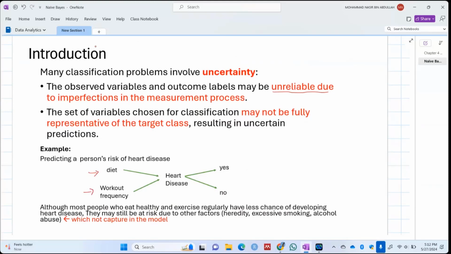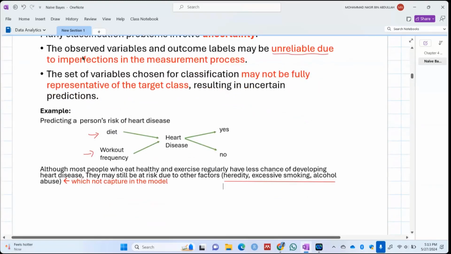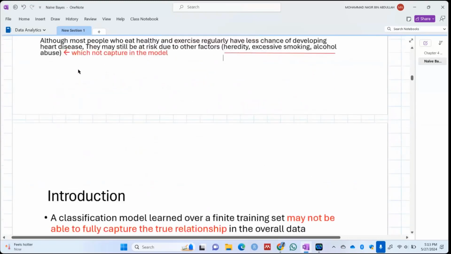Maybe this model will give accuracy of more than 80%, but as a whole, maybe this model is not really representative of heart disease because we did not count the appropriate variables such as heredity, excessive smoking, and alcohol abuse, which are not involved in the model. So this might be a problem for classification.